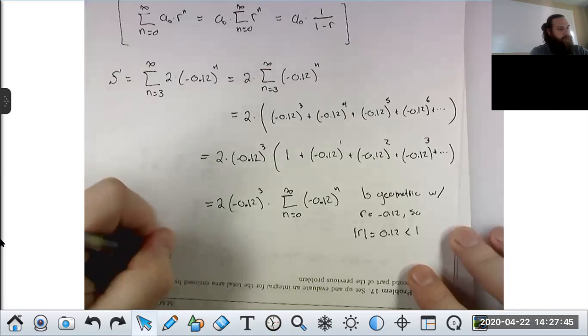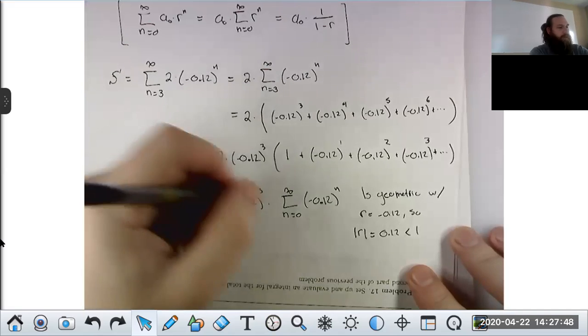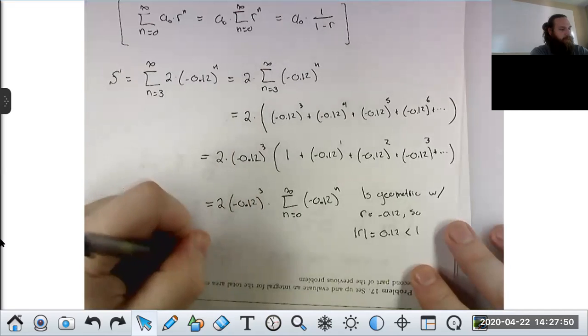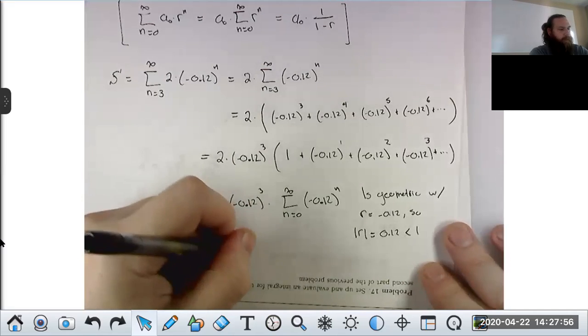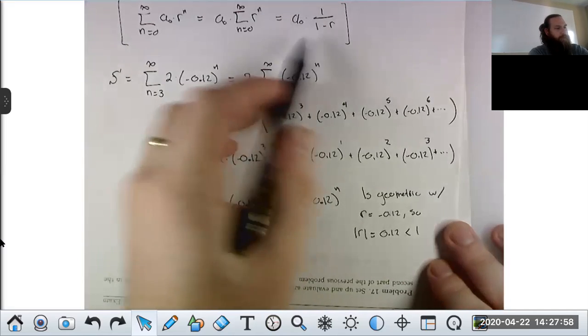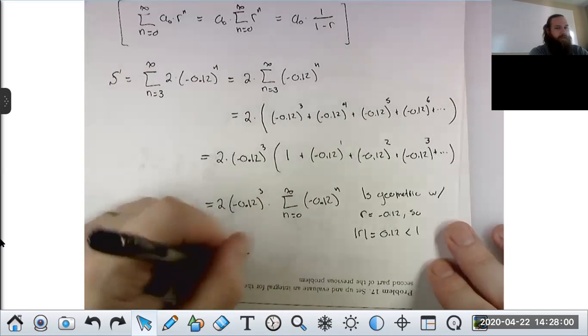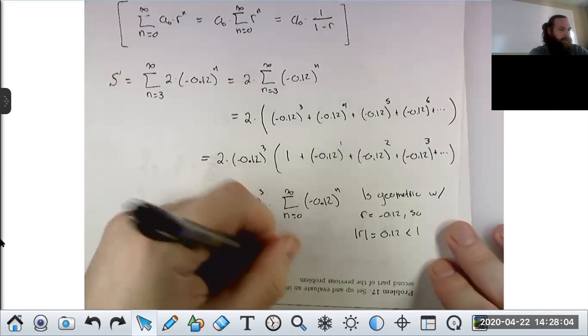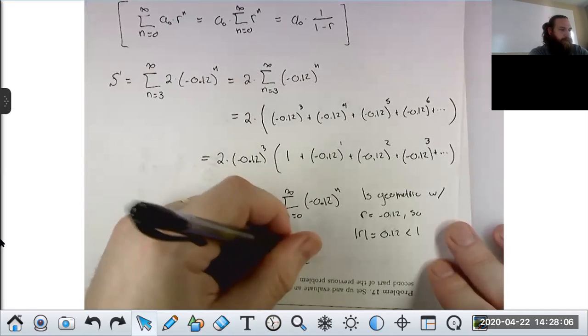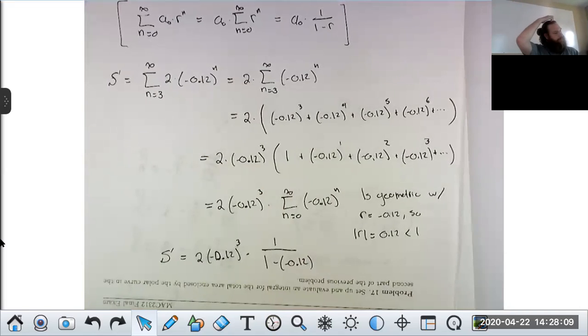So S equals, I'll have these guys, 2 times negative 0.12 cubed times, now I use my formula, my 1 over 1 minus r formula on this. This is a naught, and 1 over 1 minus negative 0.12 would be the rest.